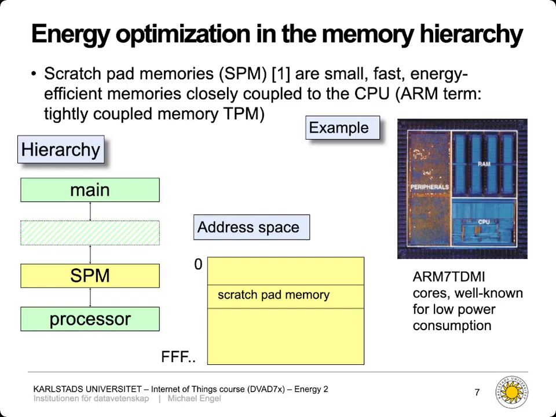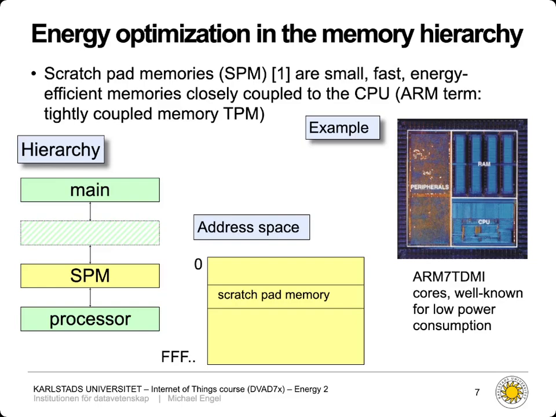If you are using ARM processors, then ARM uses their own term for this. This is called a tightly coupled memory, or TCM, in ARM terminology. There's a typo on that slide, sorry. So essentially, a processor can access scratchpad memory like it accesses normal main memory. That's a major difference to caches.